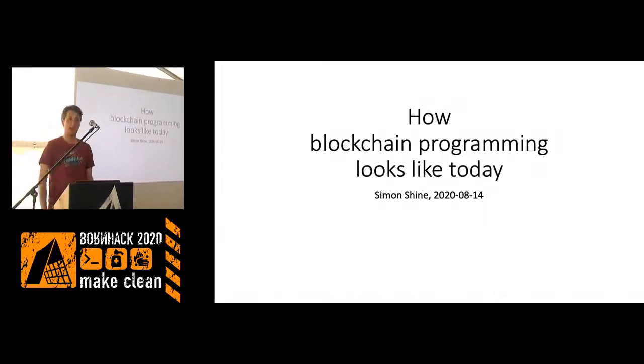Right, so yes, my name is Simon Schein, and I work with cryptocurrencies for a job, and I've been doing that for half a year. But I have had an interest, like so many of us, ever since about 4 years ago, I think. Back then I was helping a friend with his bachelor's project, which was a compiler for a blockchain language.